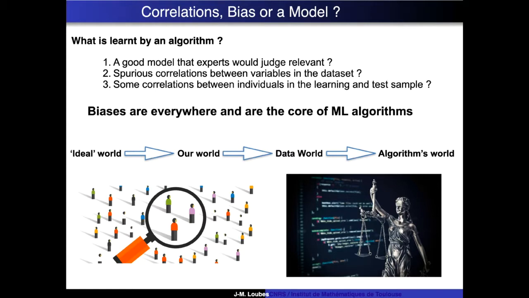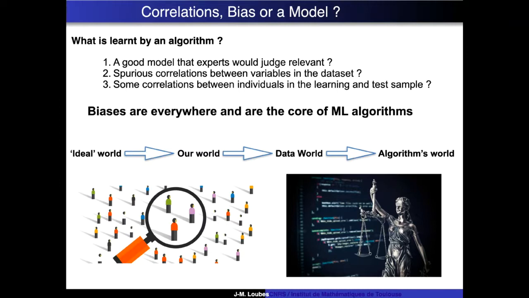And sometimes the situation could be even worse. Maybe you just learn that a new individual is very similar to an individual you had in the database, and you're going to forecast as if this individual was the previous one in the database.